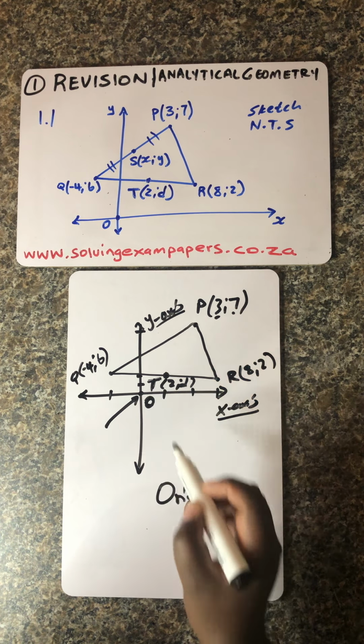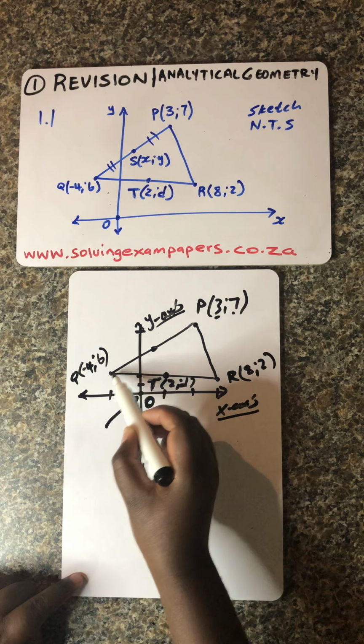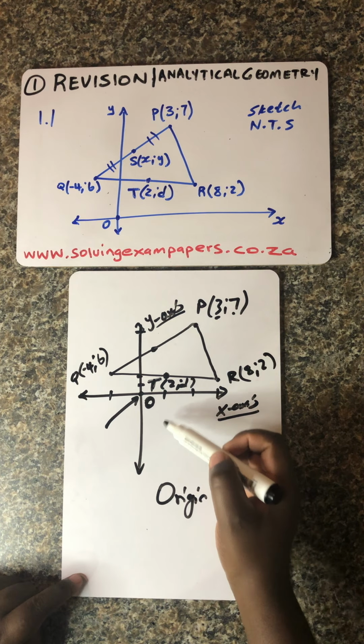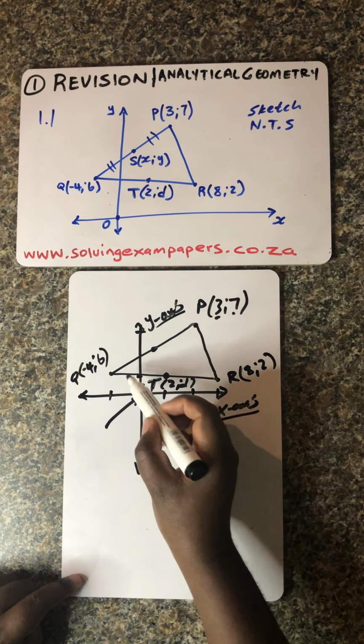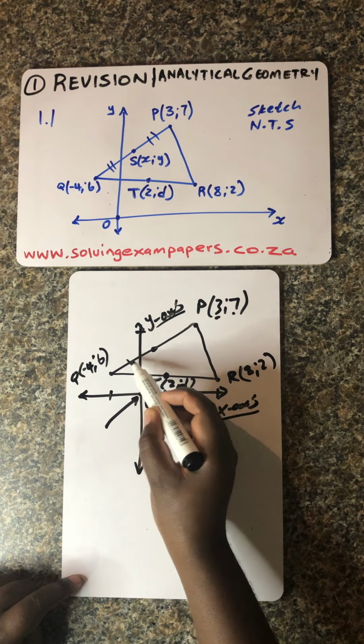And again, we've got point S, which is right in the middle of that line. Why am I saying it's right in the middle of that line, ladies and gentlemen? Is because they've indicated to say that line up to there is equal to that line from there up to there. Okay, very, very much important, ladies and gentlemen. So that point has to be given a name. It's called point S. Okay, it could have been any letter, ladies and gentlemen.